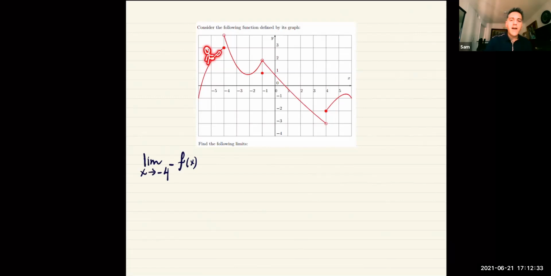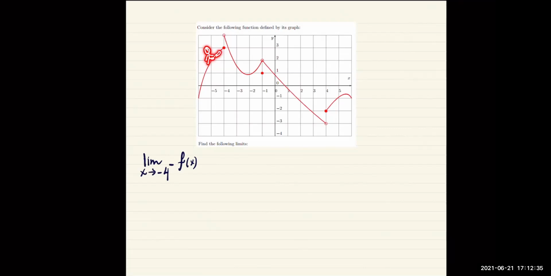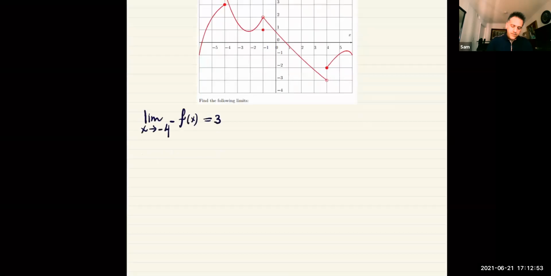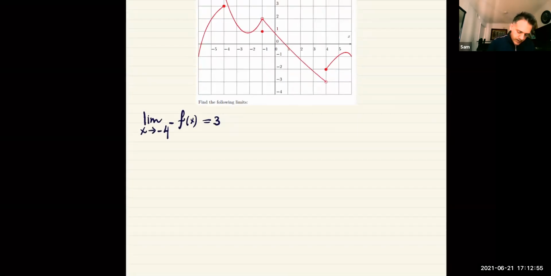What does my y value get close to? 3. Okay? Look at that. As I go up, I am going to be on the 3rd floor. So the limit here is 3.